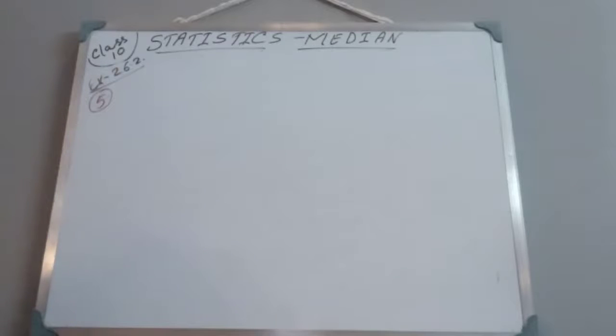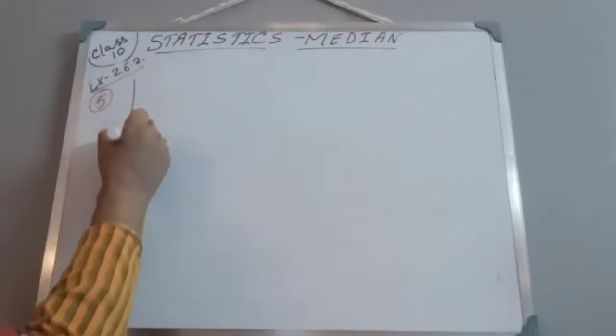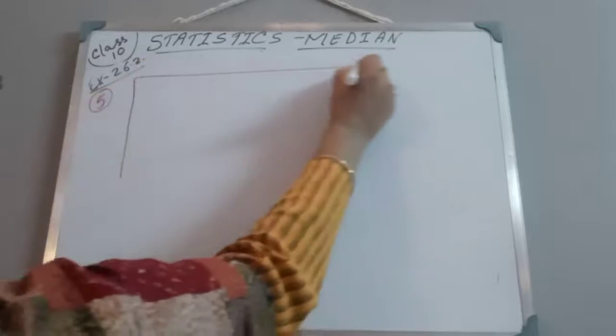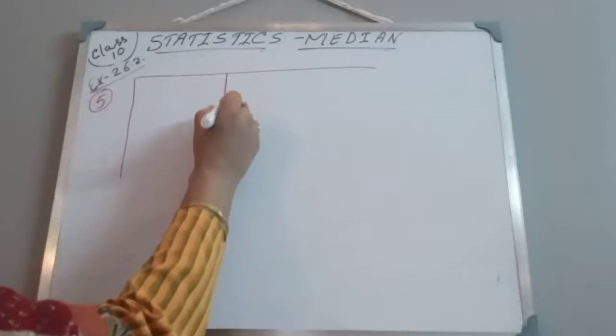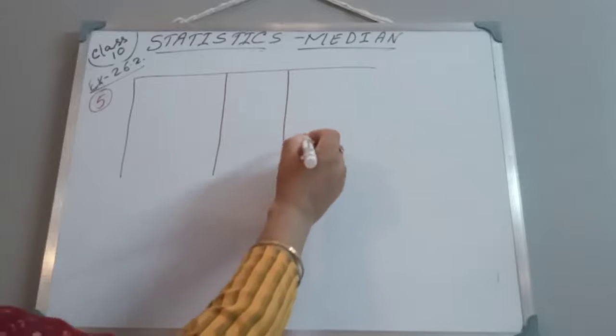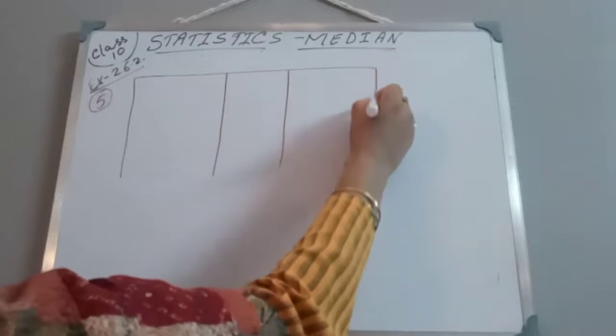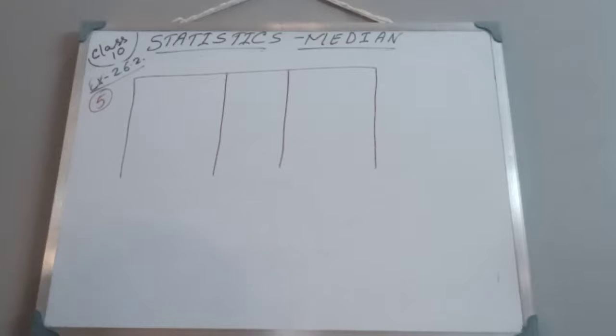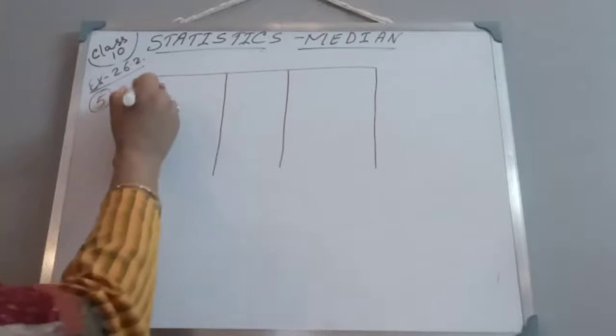Find the median of the weight from the following frequency distribution table. Weight given and number of students given. So let us write weight in the first column, frequency in the second column, and cumulative frequency in the third column.